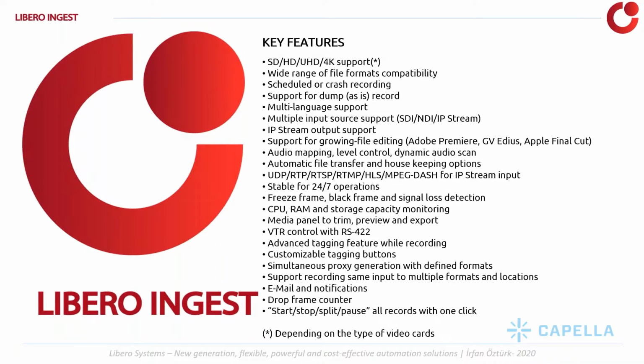You can even customize your tagging buttons according to your events or show. And it also has email and notification features. And one of the new features is the drop frame counter, and start, stop, split, or pause buttons allow you to record all the sources simultaneously by one click.